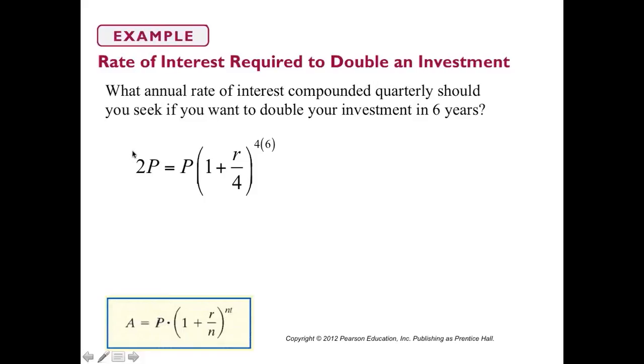So for A, we're going to say P, that's going to be our present value, is going to be equal to our future value, which is 1,000, times 1 plus our rate, which is 0.07, divided by 12 because we have compounded monthly, and then that's raised to the negative 12, which is n, times t power, which is 10 years.